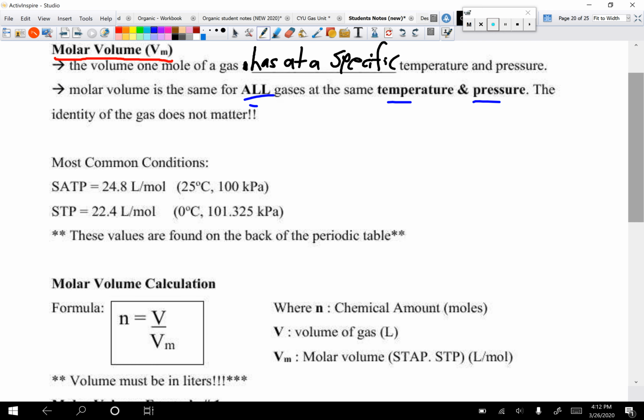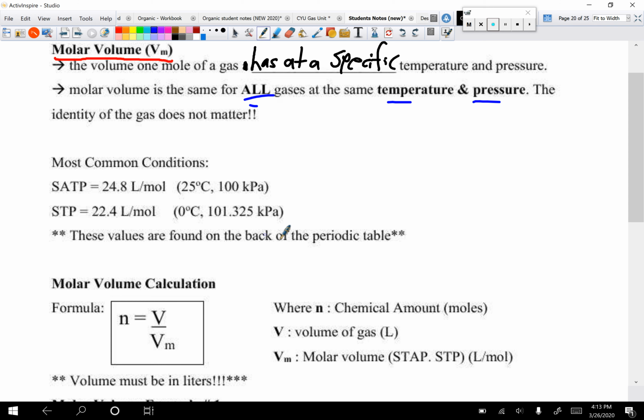So the 2 common conditions we're going to be dealing with is SATP, if you remember, means standard ambient temperature and pressure. And the units for this, so the molar volume at SATP is 24.8 liters per mole. So just pay attention to the units here. And of course, the other common condition is going to be STP. And this is 22.4 liters for every 1 mole.